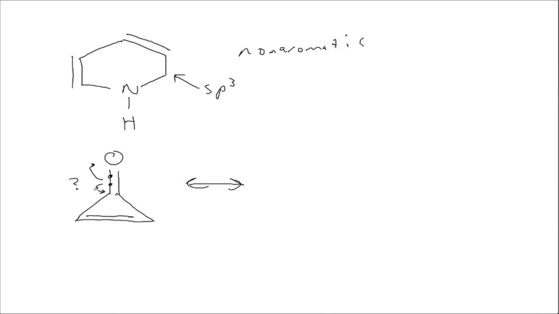Towards the carbon. Let's try to work that out. Who wants electrons more, oxygen or carbon? Oh, oxygen. Yeah, how do you know? Because it's more electronegative. That's right. So to get the most significant resonance structure, should we move the electrons towards the oxygen or towards the carbon? Towards the oxygen. So this is the electron pushing arrow for the resonance structure.